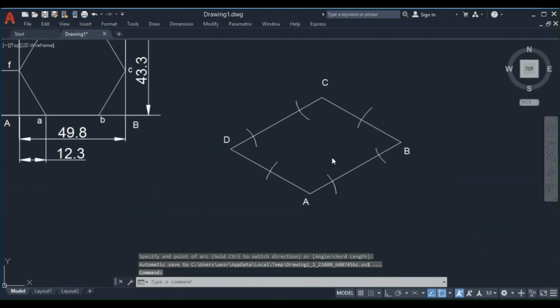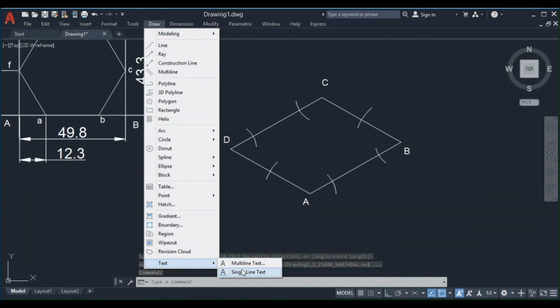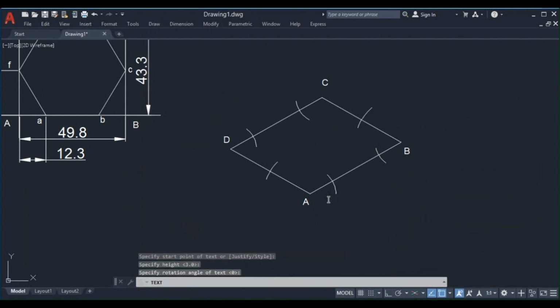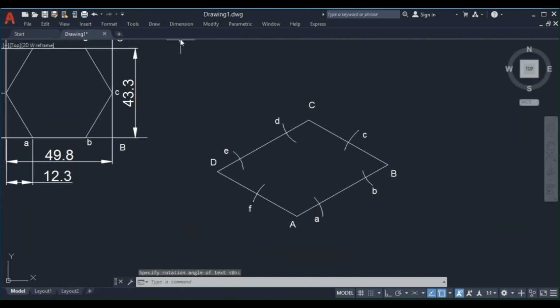So small a. So this is your small a, small b, small c, small d, small e, and small f. Now draw the lines.